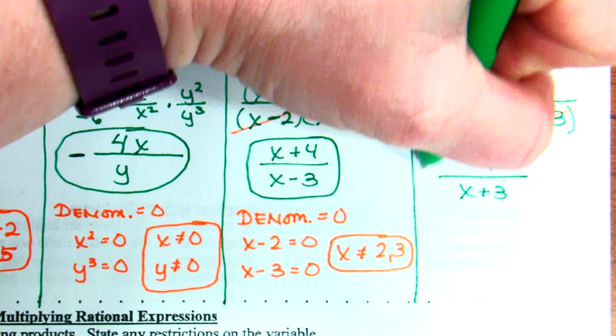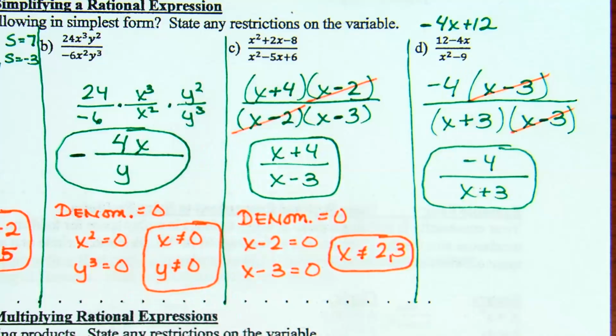Negative 4 over x plus 3. And any restrictions on the variable? x cannot equal negative 3 or positive 3.